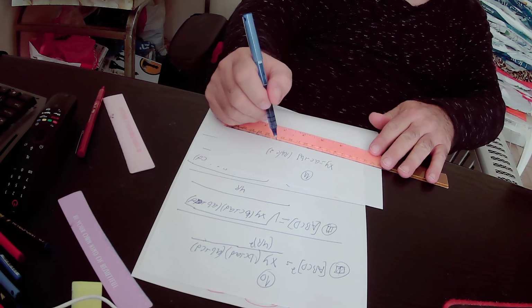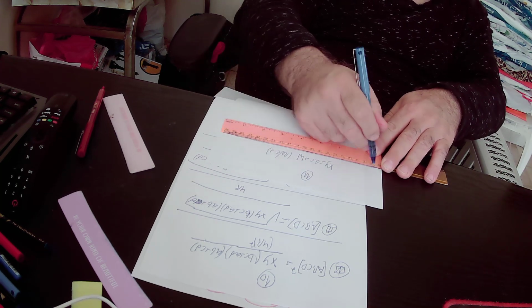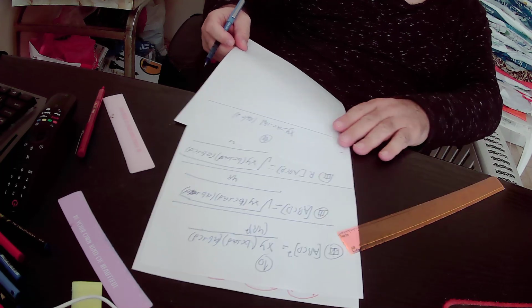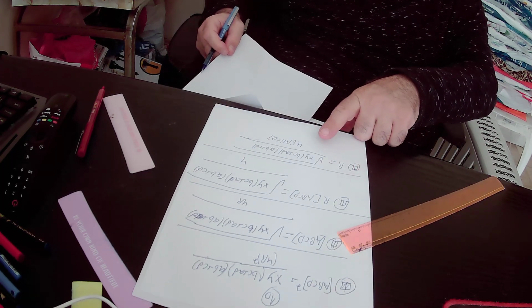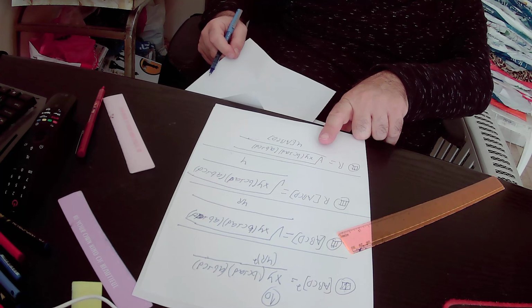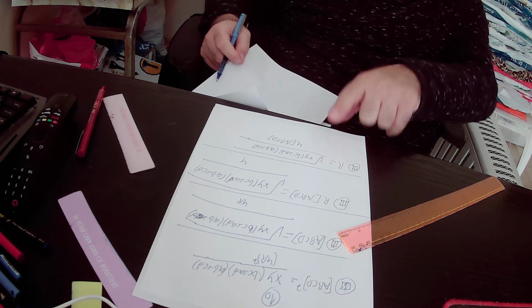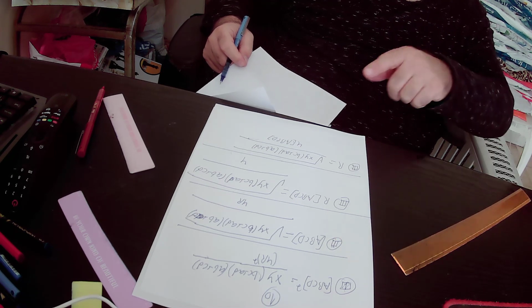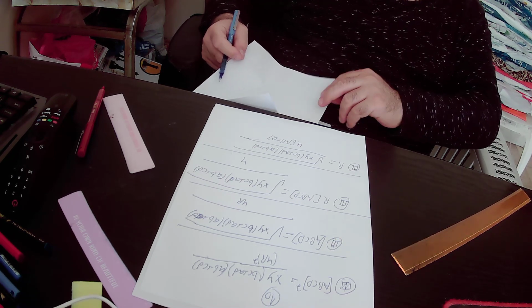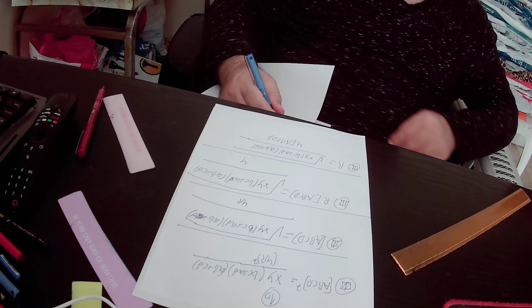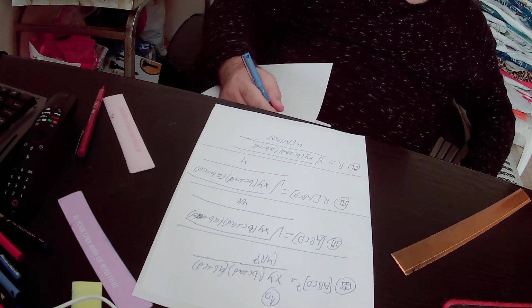So we can substitute xy in this equation by AC plus BD, because xy equals AC plus BD. So we'll do it now. We'll substitute xy by AC plus BD.